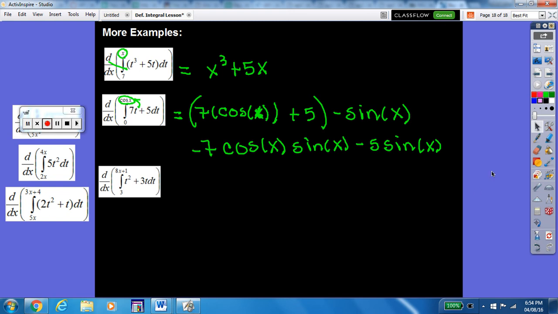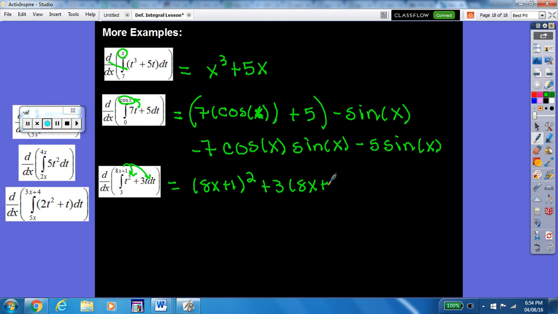We've got 8x plus 1 as a boundary. We're going to go ahead and plug that guy in here, and we're going to plug it in here. So we have 8x plus 1 squared, squaring a binomial, plus 3 times 8x plus 1.